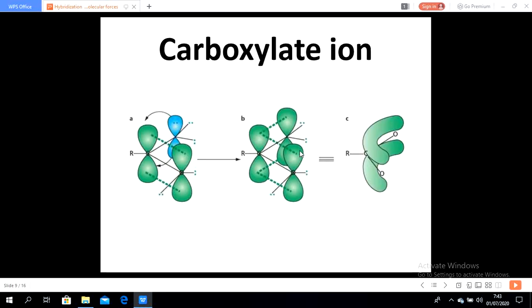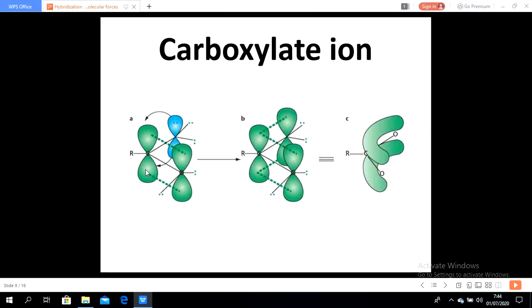Now the carboxylate ion is similar to benzene. Benzene has a ring structure. In this carboxylate, we know that it contains C double bond O, and then C, and then O. Oxygen is an electronegative element, which we know from the presence of the lone pairs here.